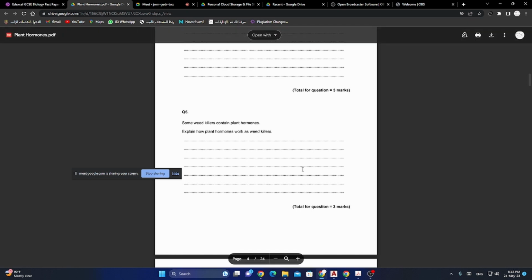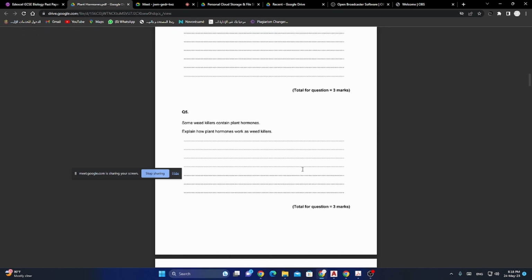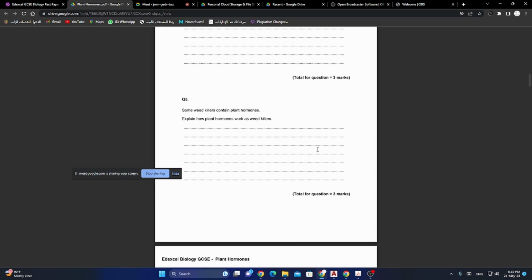It's the same thing as the first question. Now, it causes the weeds to overgrow, right?